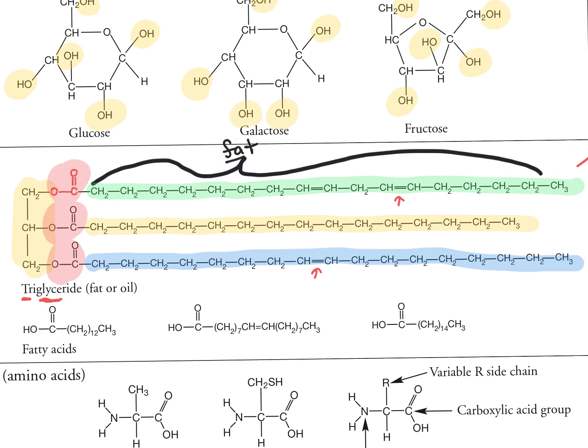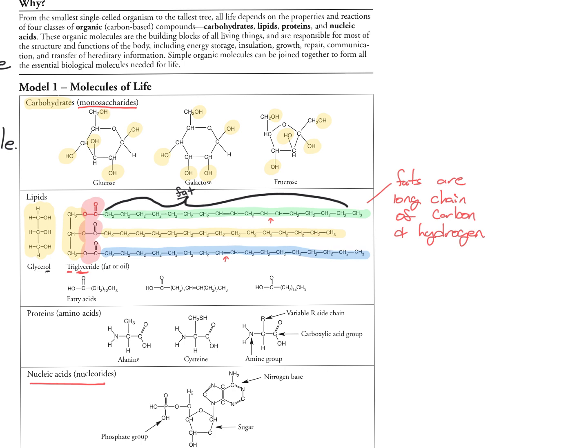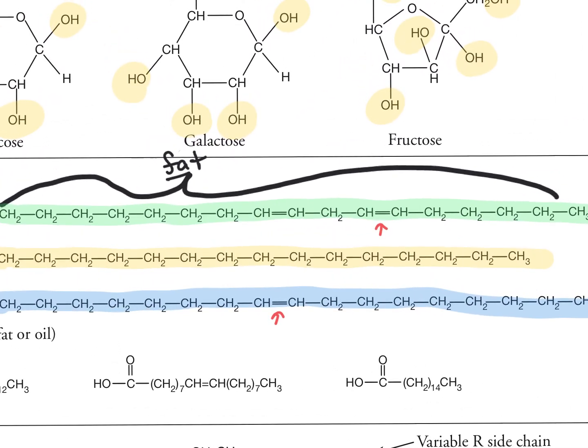Now, if I were you, I would put little arrows on my molecules just to make sure I remember that there's no double bonds. Putting the arrows is not enough. What I would do if I were taking notes is say double bond, double bond, and I like doing it in color, I would write no double bond.